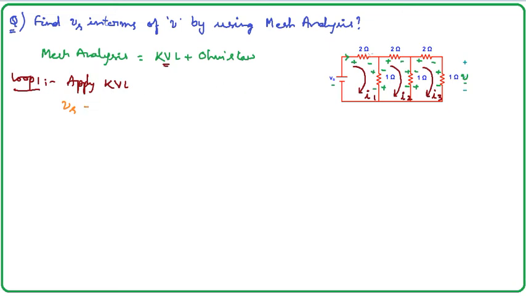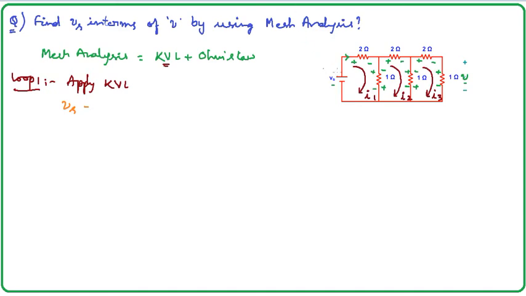KVL means Kirchhoff's voltage law. I have to take the voltage across each and every element in a closed loop, add them, and then equate the sum to 0. That's what KVL means. Please keep that in your mind.